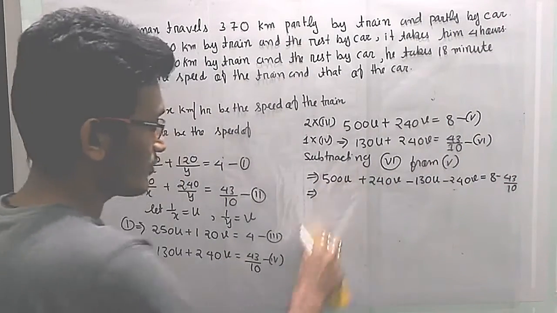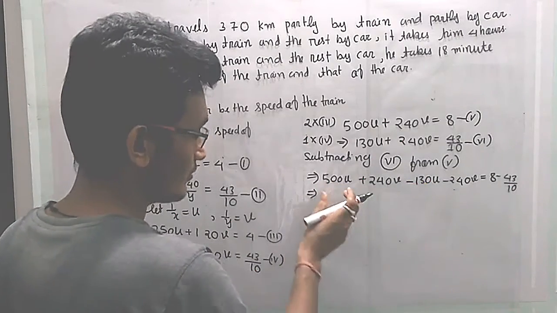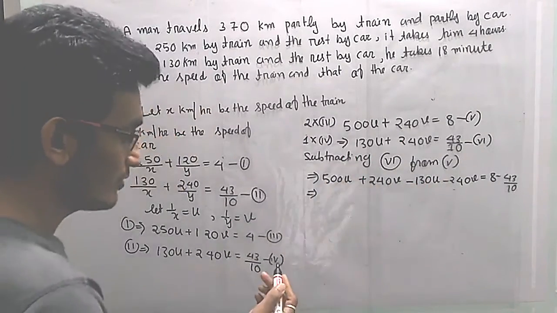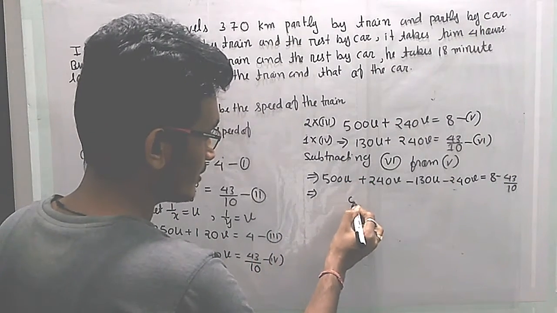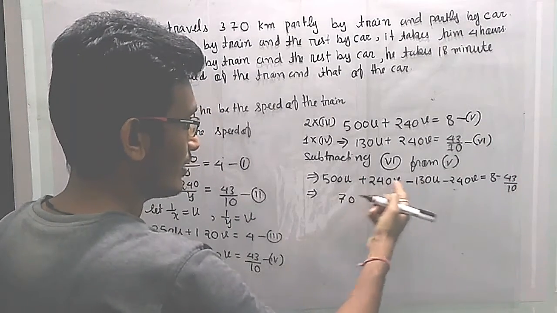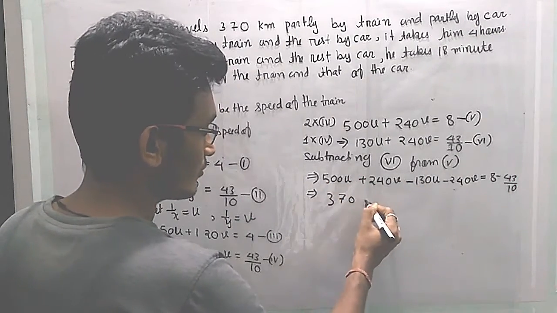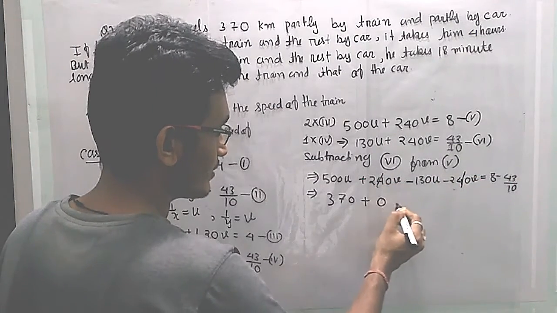I have done one step wrong. So 500u and 130u, we should subtract 130u from 500u. So 500 minus 130 becomes 370. Plus 240v and minus 240v cancel, it becomes 0.